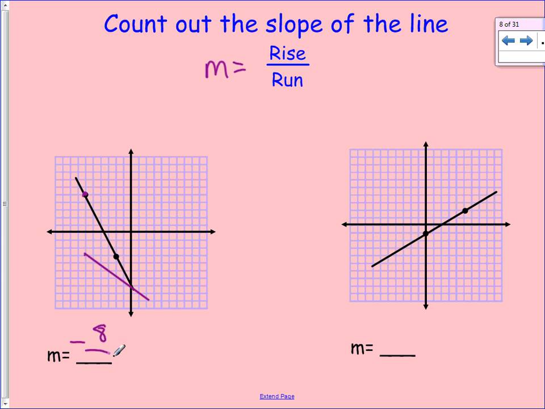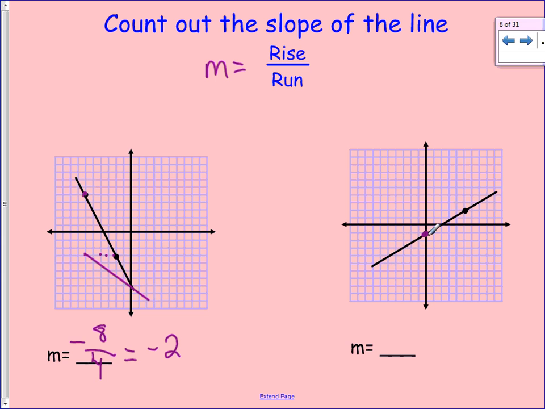So I have 8 down, and then I'm going to count over 1, 2, 3, 4. What's negative 8 over 4? Divide. Negative 2. 8 divided by 4 is what, people? 2.